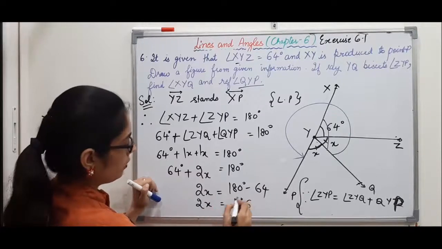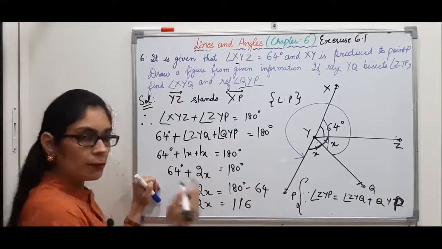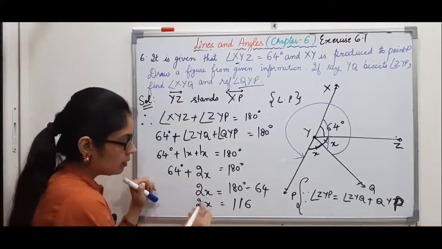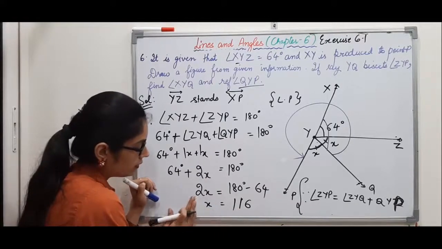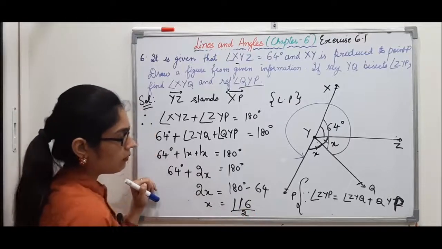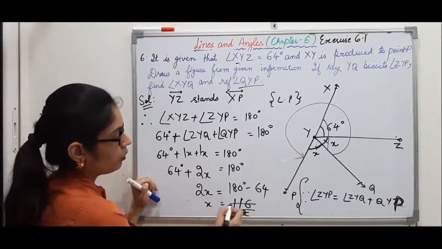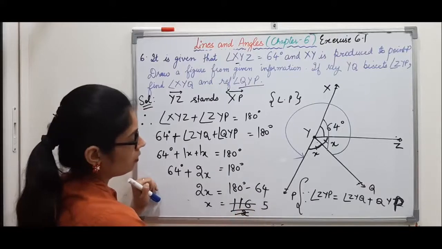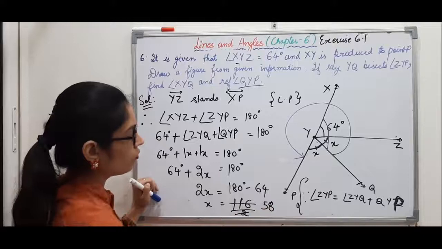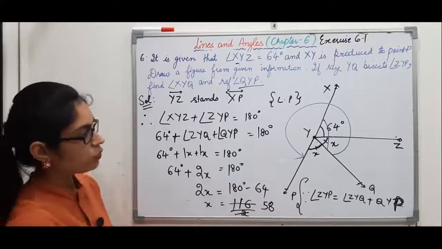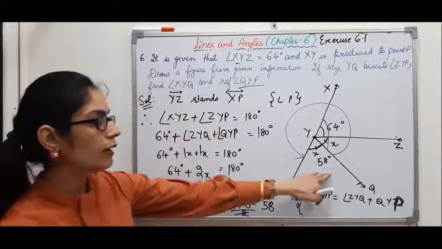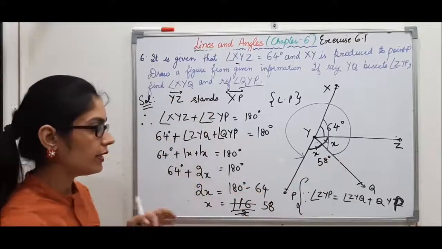Then this 2 is getting multiplied with x, and we need the value of x, so we shift it to this side, and it will get divided. So 2 into 58 is 116. So we got the value of this angle, because this is equal to x, the angle equals 58.